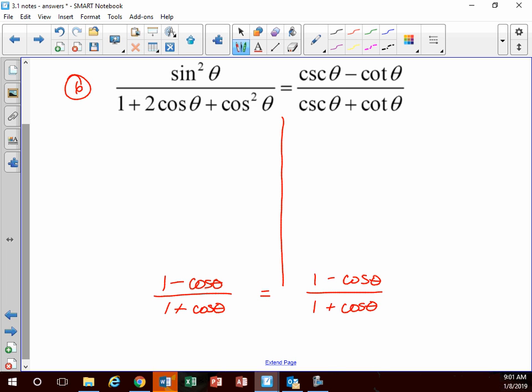Yep. That's where you're going to end up, is 1 minus cosine over 1 plus. You set my feet in the baby pool and then you just chucked me off the high dive. Yep. I'll throw you a pool noodle, don't worry. Okay.